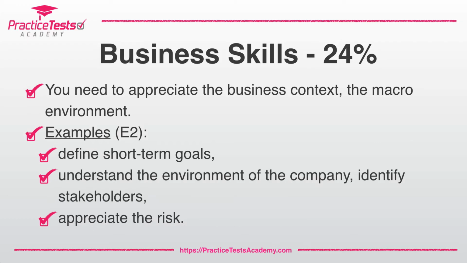The next skill is a business skill, which accounts for 24%. And this is a very interesting skill, in my opinion, because here you just need to appreciate the business context, the macro environment.